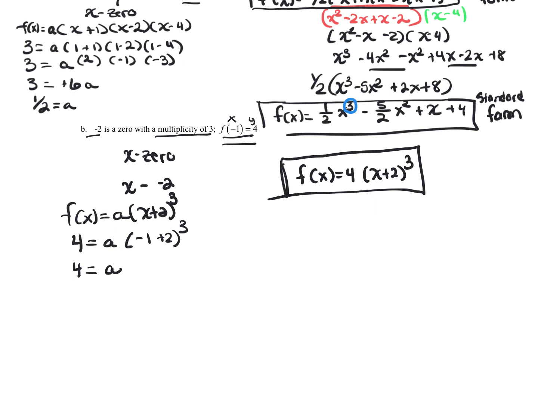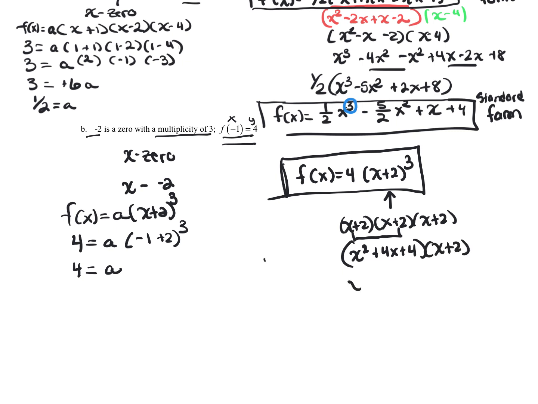We can write it in standard form by multiplying out this x plus 2. So I have to do x plus 2 three times. X plus 2, x plus 2, x plus 2. So if I do these two first, I get x squared plus 4x plus 4. And then I have to multiply that times another x plus 2. And you're going to get x cubed plus 2x squared plus 4x squared plus 8x plus 4x plus 8.